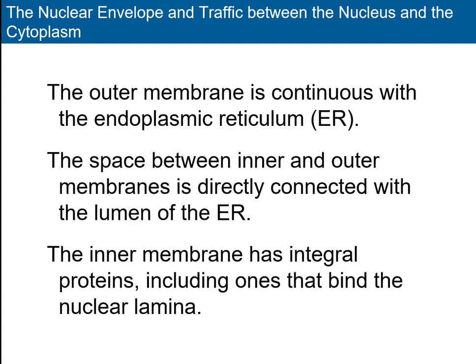Okay, the outer membrane of the nuclear envelope is actually continuous with the endoplasmic reticulum, the ER. There's space between the inner and the outer membranes, and that's directly connected with the lumen of the ER. So the membranes that surround the nucleus are continuous with the endoplasmic reticulum.